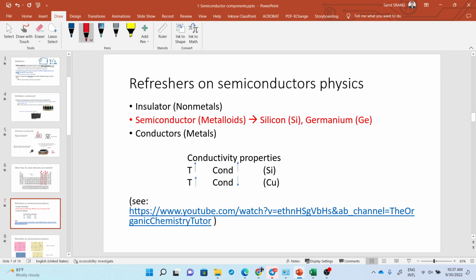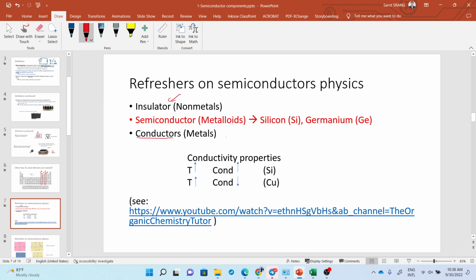Just to learn more about the conductivity of this material, to know the term insulator. Insulator means the material does not conduct electricity, for example non-metal. Metal is a kind of conductor. It can conduct electricity.